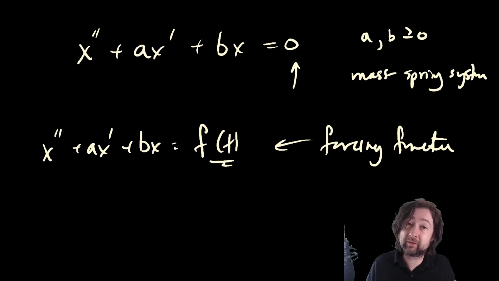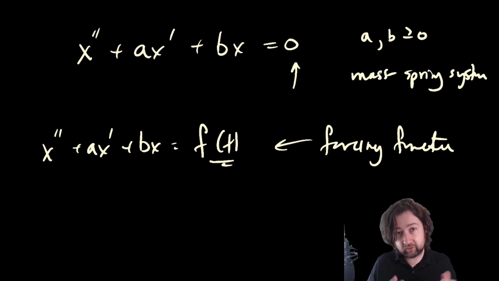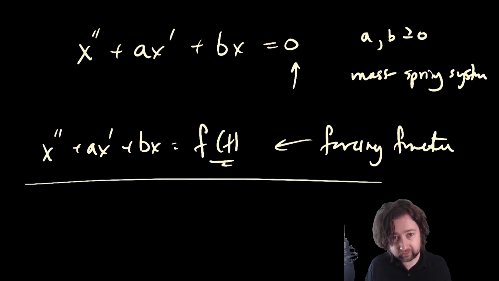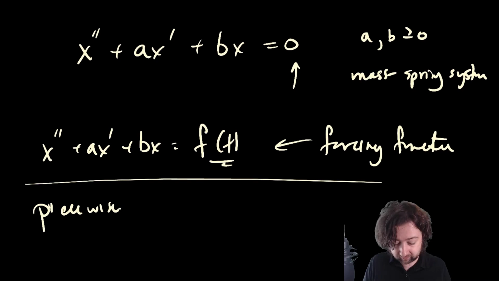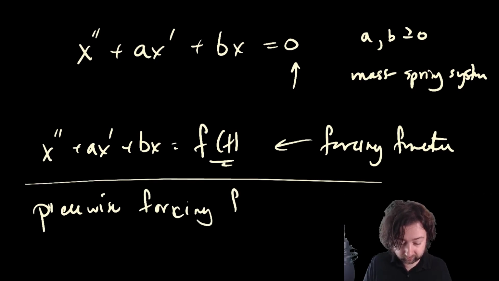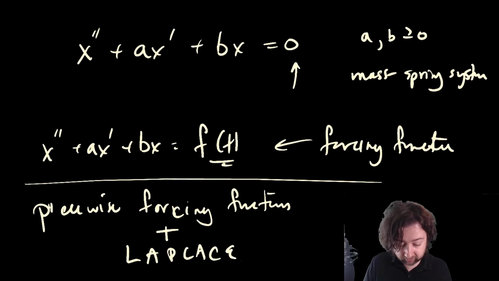And of course, that's going to be what turns out to be the case, that unit step functions actually do have a Laplace transform. And so the big deal of all of this is that this is a way of introducing piecewise functions, piecewise forcing functions, and adding it to all of the ideas we've been doing with the Laplace transform.